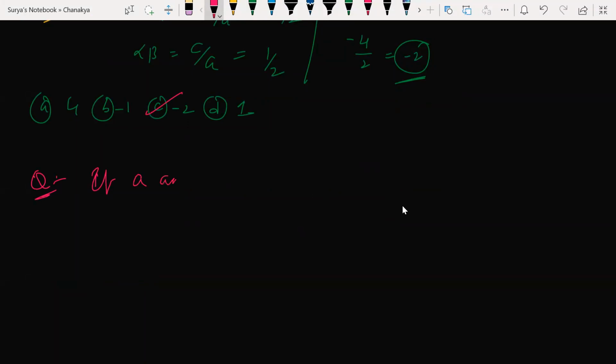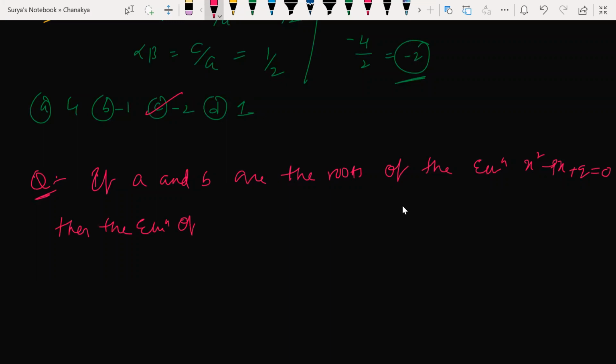If A and B are the roots of the equation x square minus px plus q is equal to 0, then find the equation if the roots are ab plus a plus b and ab minus a minus b.